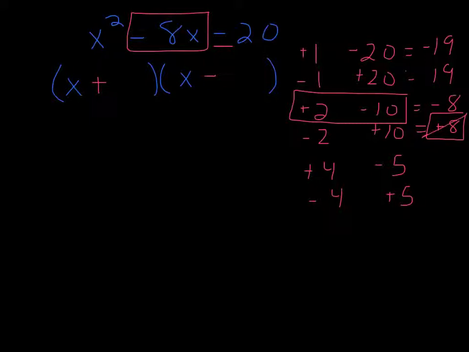You need negative 8. So we have to make sure when we put these in that our 2 goes with our positive and our 10 goes with our negative. That's the only way you'll get the right answer. So that's your little trick there.